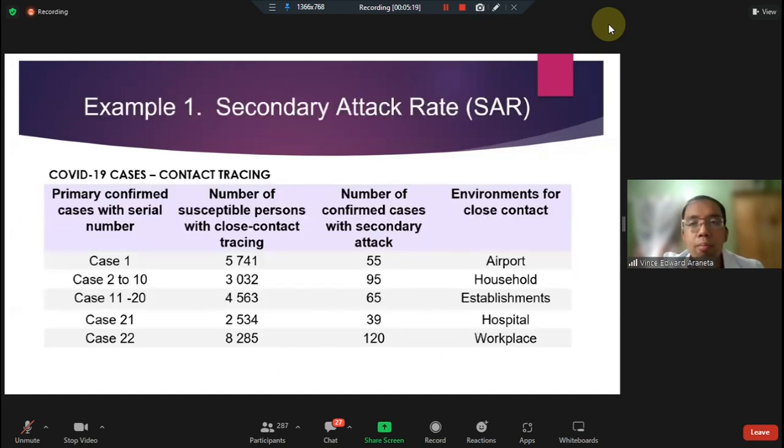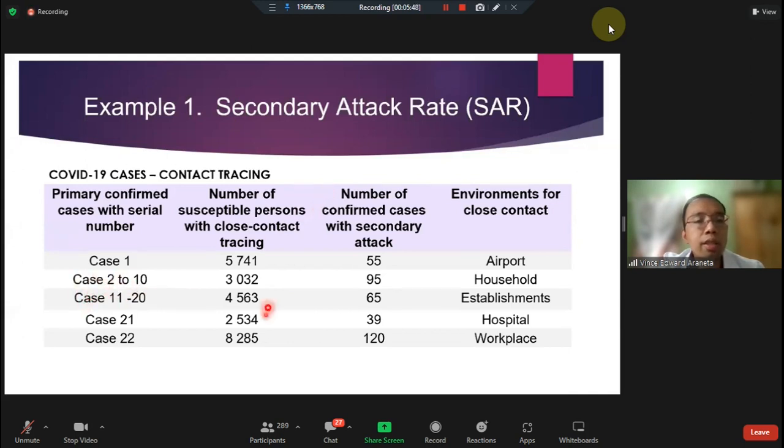Let's have this example, COVID in light of the recent epidemic. You have here the primary confirmed cases, and the number of susceptible persons with close contact tracing for each case. Maybe these are family members.